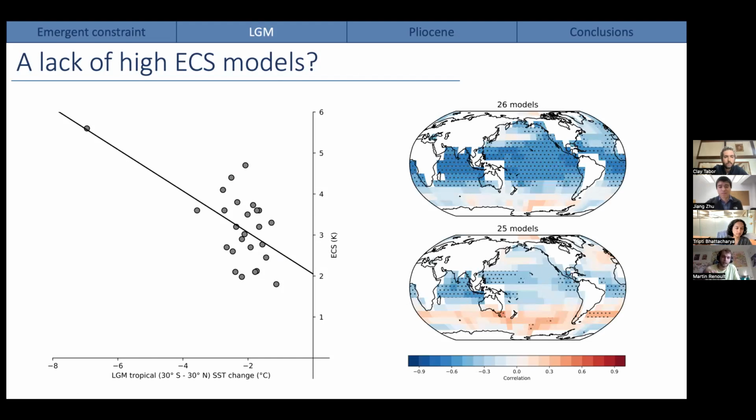But as soon as you exclude CESM2, you have the correlation map at the bottom. So basically, CESM2 is responsible for the correlation between LGM temperature and ECS. It's a problem to have such a strong outlier, because it might be that the apparent high correlation is characteristic of CESM2 rather than actually showing the behavior of high climate sensitivity models.